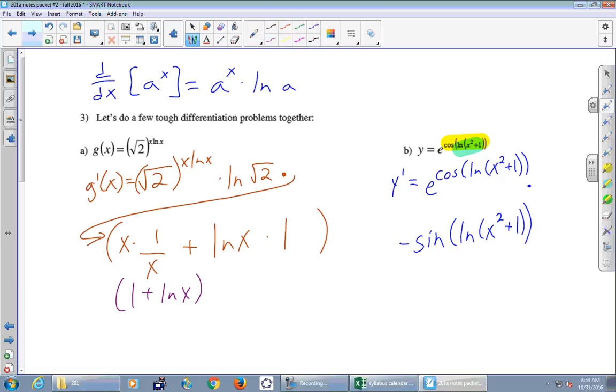Okay, so times 1 over x squared plus 1. Right, ln of stuff is 1 over the stuff times the derivative of the stuff. What's the last stuff? The stuff itself is x squared plus 1. And so then finally multiply by the derivative of that, which is 2x. So this was multiple chain rules embedded inside each other. Questions on that?